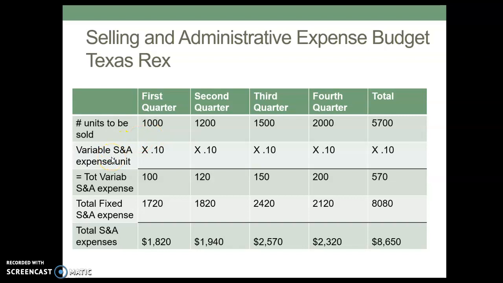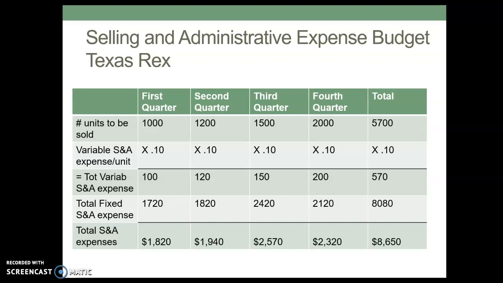Now, in your book, they told you that there was 10% variable expense. This would cover things like sales commission, or various maybe supplies or things that get used up.